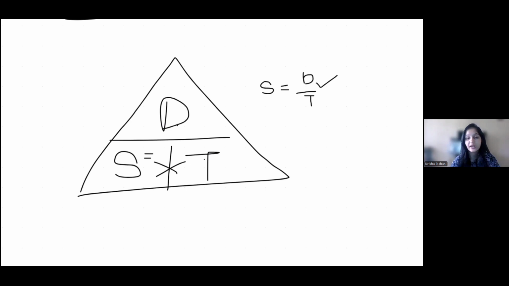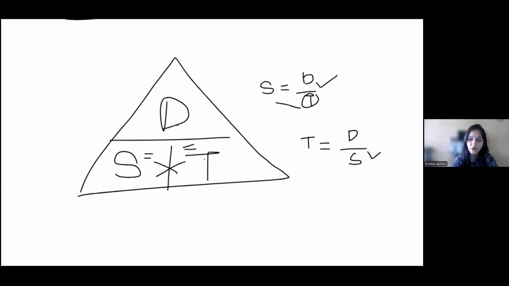Okay, अगर हम ये formula base से निकालते हैं, so if time goes here, then it will become T is equal to D, and S will come down. So T is equal to D upon S. Sorted.